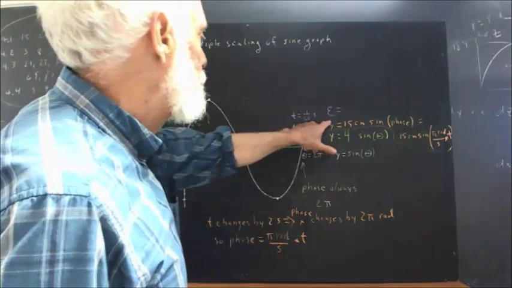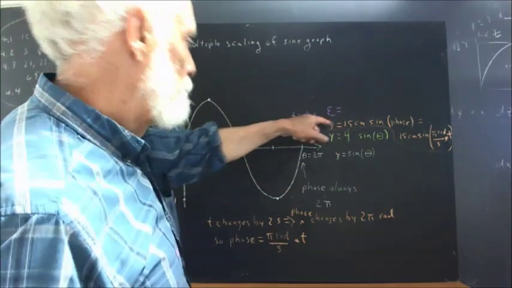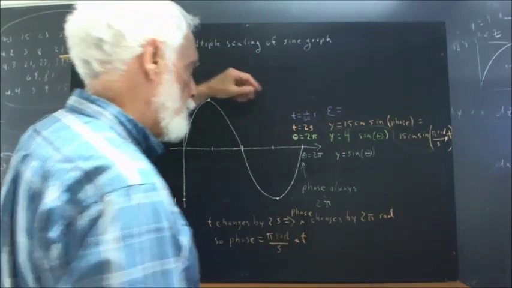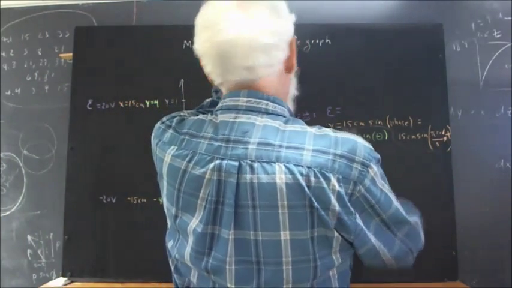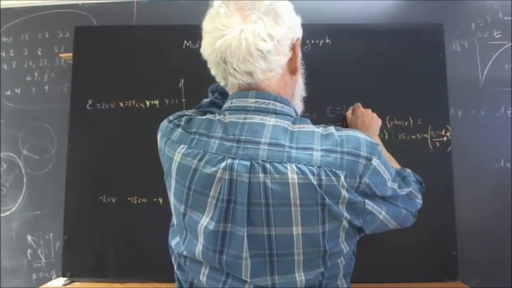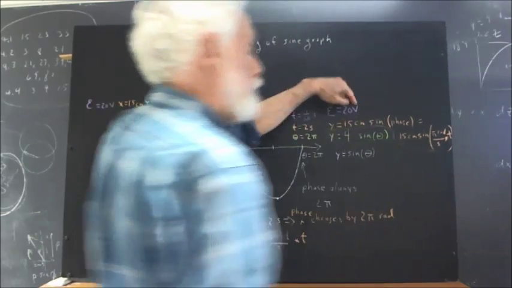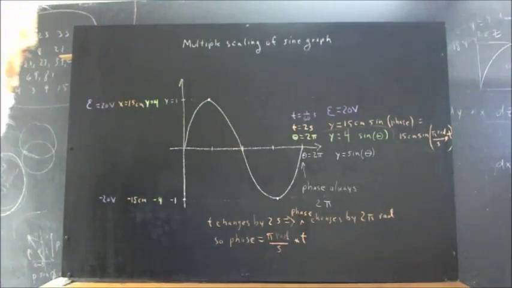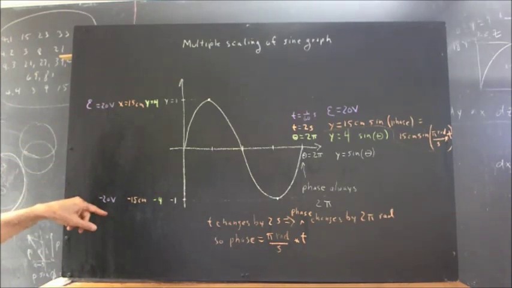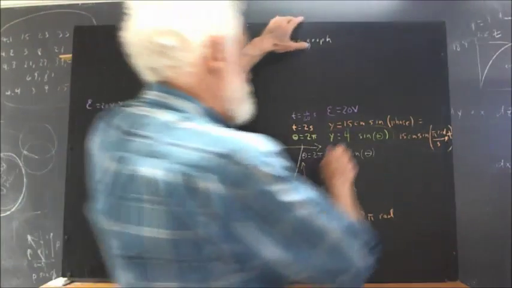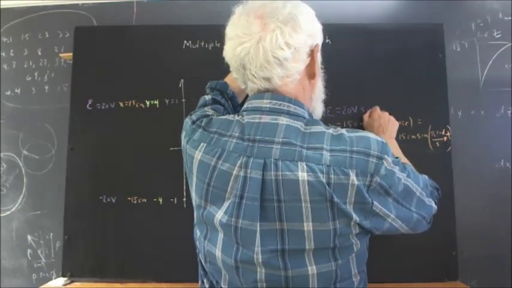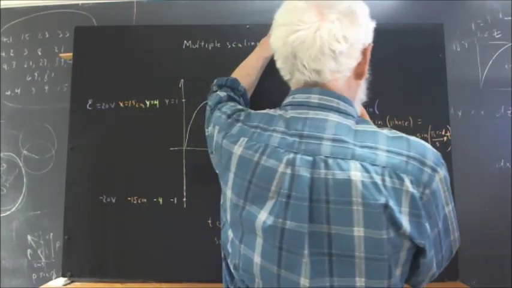Okay, so we would have electromotive force, you don't have to remember that word, equals, well, the amplitude is 20 volts. V stands for volts. I don't want to write it out, don't have room. So it's 20 volts times the sine of something. Now, times the sine of what?